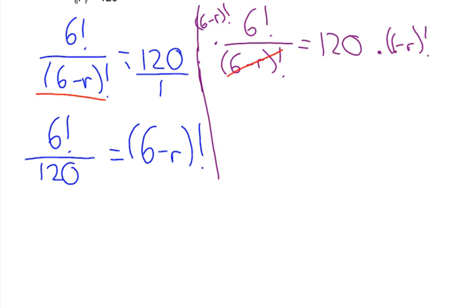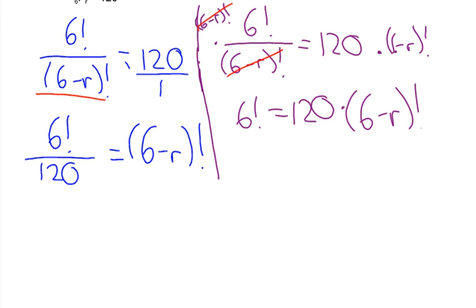Right, so we can cancel these out here, and what we're left with is 6 factorial equals 120 times 6 minus r factorial. Does this make sense? How we got from here to here? If it doesn't make sense, take another look.